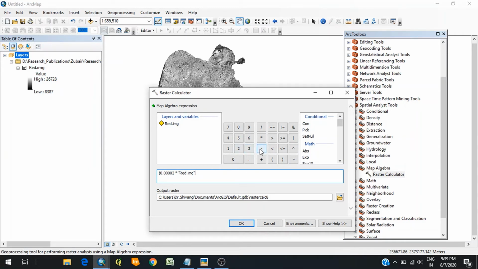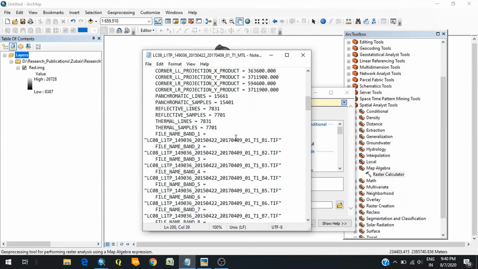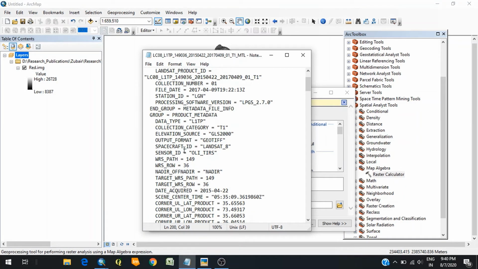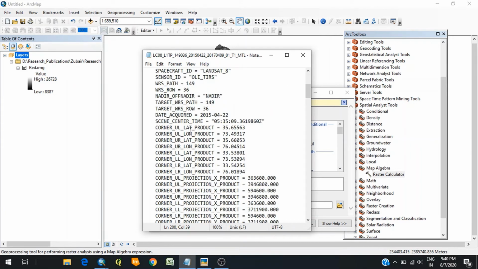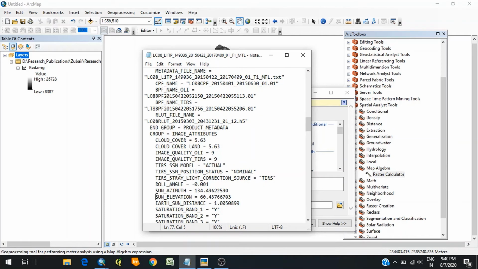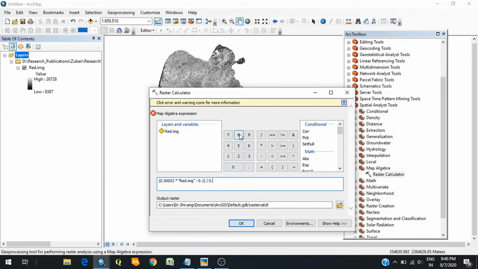So plus minus will be minus 0.1, close the bracket, divided by the sine of sun elevation, and my sun elevation was approximately 60.437. So if you calculate the sine value for the sun elevation angle, the value will be approximately 0.86. So divide by 0.86.